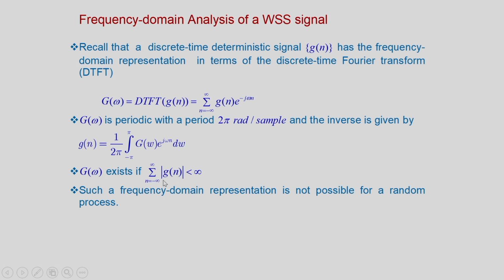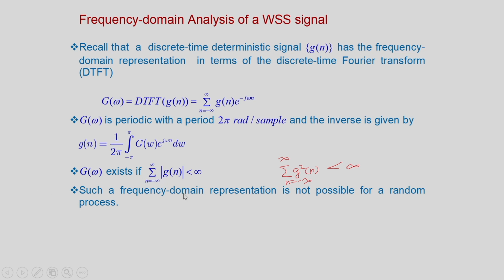In that case, we will have the condition summation of g²[n], n going from minus infinity to infinity, is less than infinity. This expression is the energy of the signal. So, if the energy of the signal is finite, then its DTFT exists. So, this is the condition for existence of the discrete time Fourier transform of a discrete time signal.